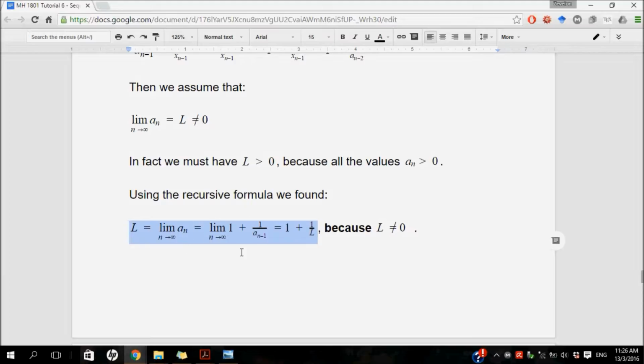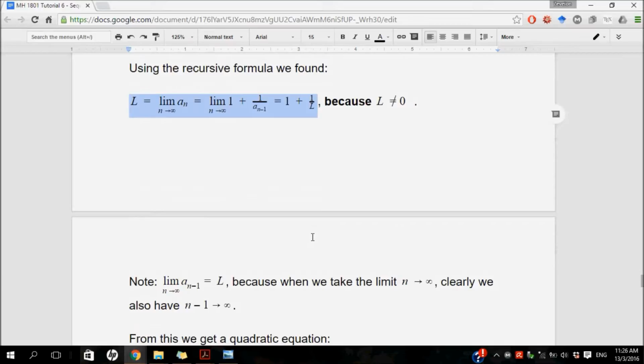That is what we have from before. But an is described as 1 plus 1 over an minus 1, using the formula from the previous part. And it is therefore equal to, by applying standard limit laws and seeing that L is not equal to 0, 1 plus 1 over L. Applying the limit laws correctly will give us this number.